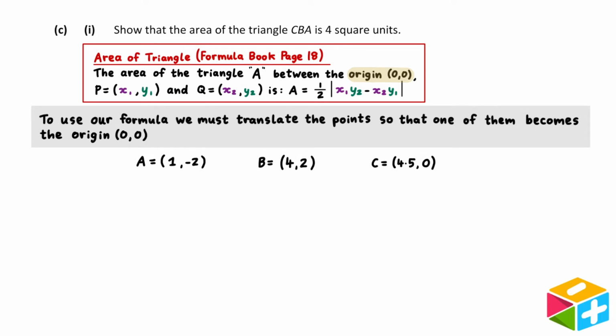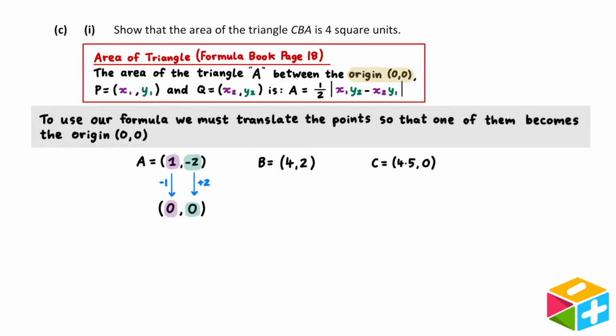To use our formula, we must translate our points so that one of them becomes the origin, (0, 0). Here, I will perform a translation to make A the origin. The first coordinate of A is 1. To make this a 0, I would need to subtract 1.